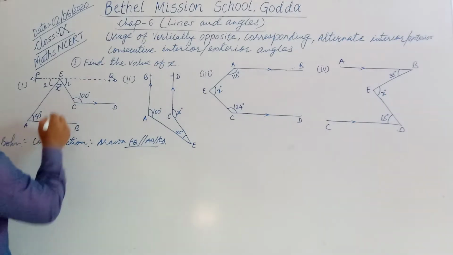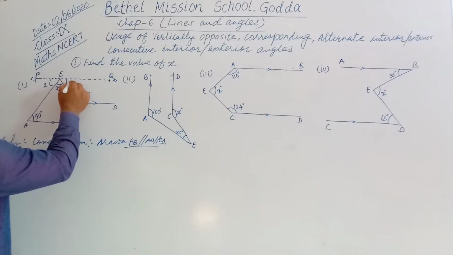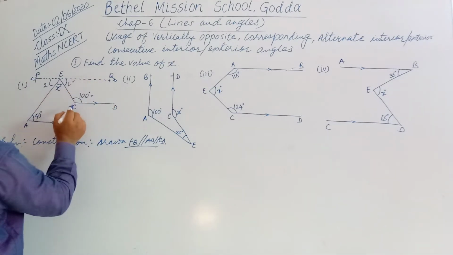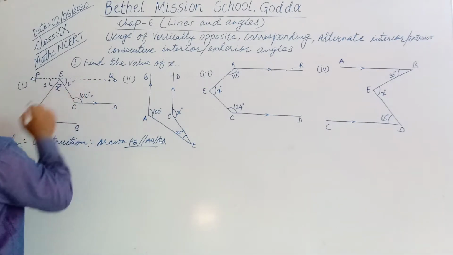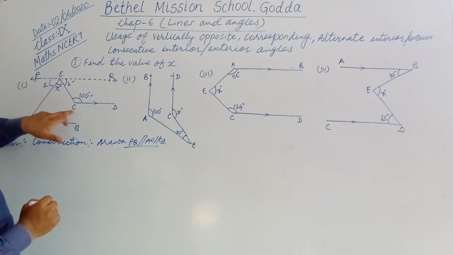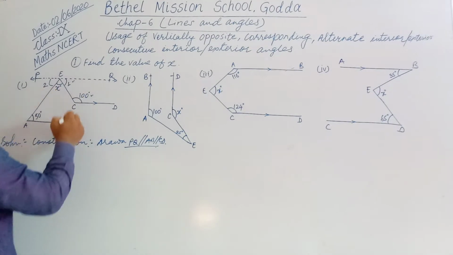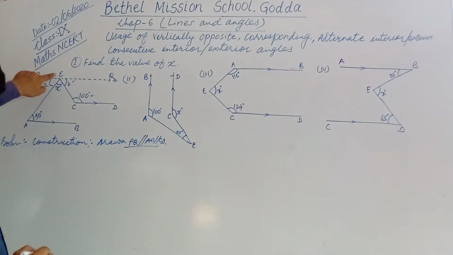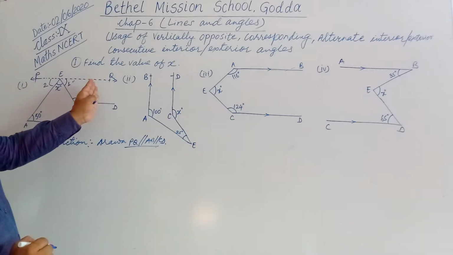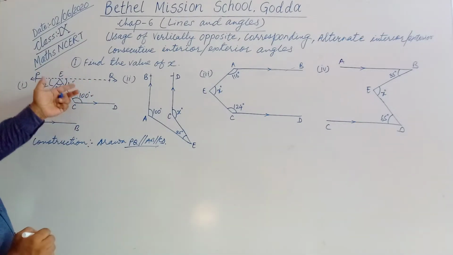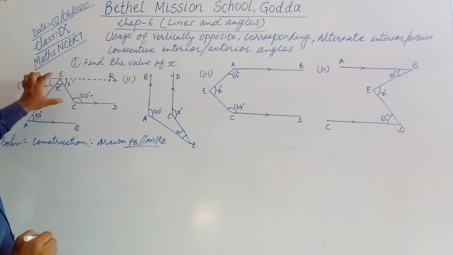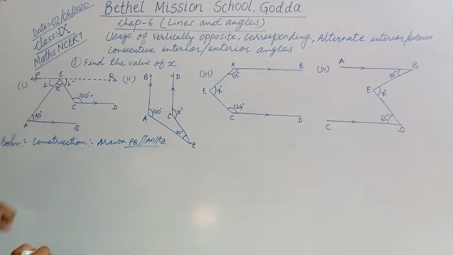After that, you can see this angle and this angle. PQ is parallel to CD, and angle 1 and angle ECD are on the same side of this transversal EC. This is the transversal line EC, and they are on the same side of it and interior to these two parallel lines. That's why this type of angles are called consecutive interior angles.